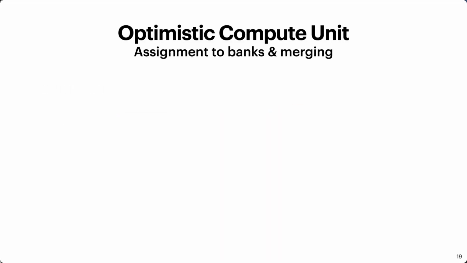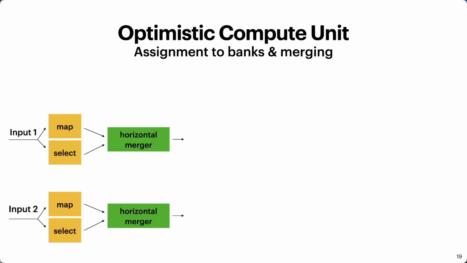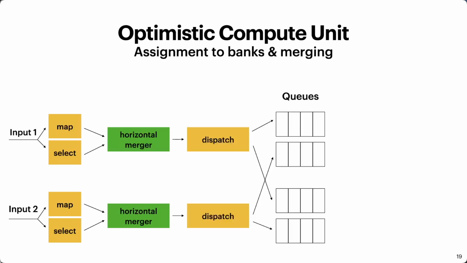Finally, let me show you the optimistic compute unit in a bit more detail. Here we have an example with 2 input values. First we evaluate the map and the select function, and then we pass the offset increment pairs computed to the horizontal merger. The horizontal merger is just buffering the offset increment pairs, merging increments with the same offset, and passing them further down the architecture.